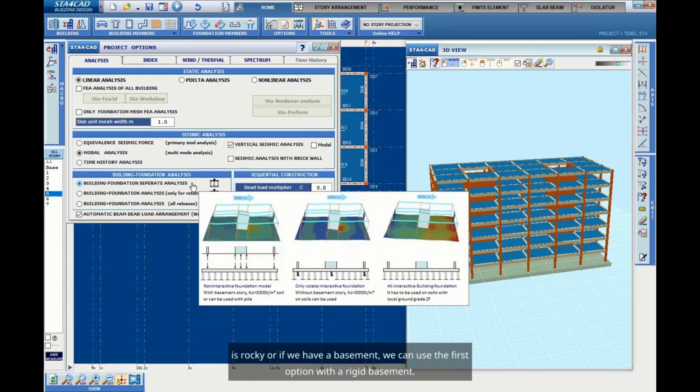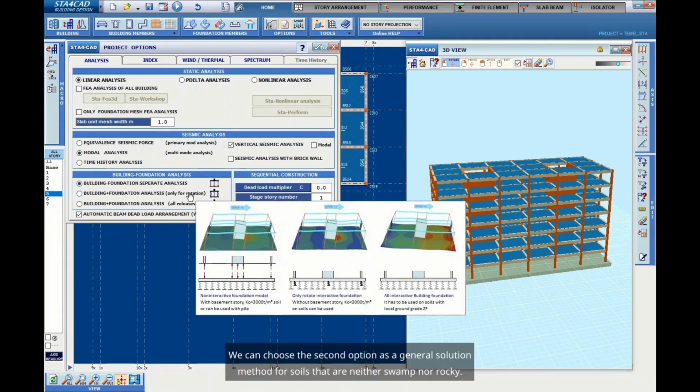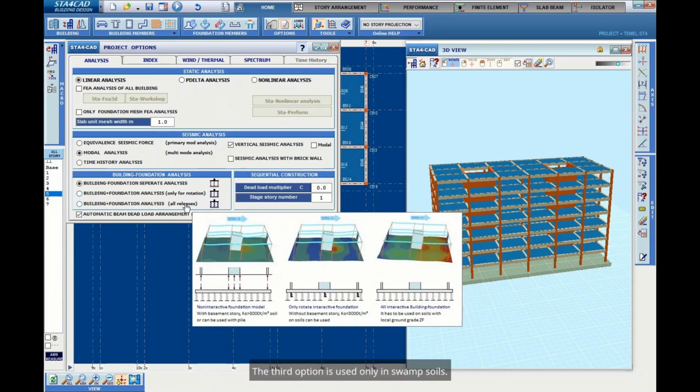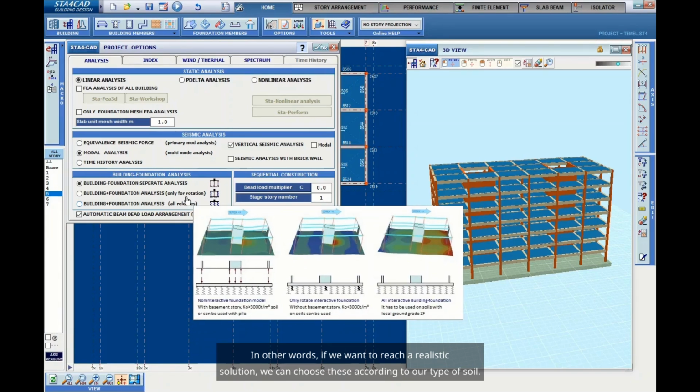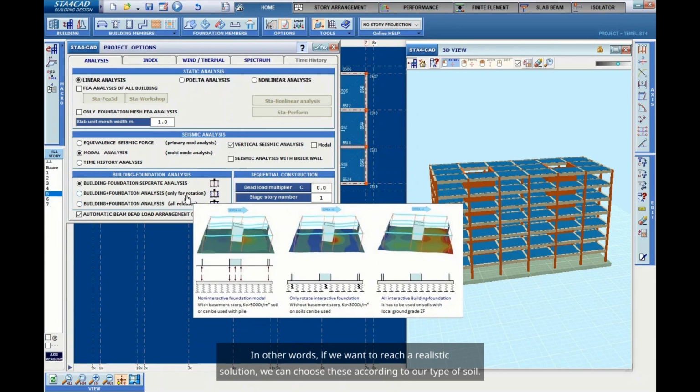With a rigid basement, we can choose the second option as a general solution method for soils that are neither swamp nor rocky. The third option is used only in swamp soils. The reason for this is the need to consider settlements. In other words, if we want to reach a realistic solution, we can choose these according to our type of soil.